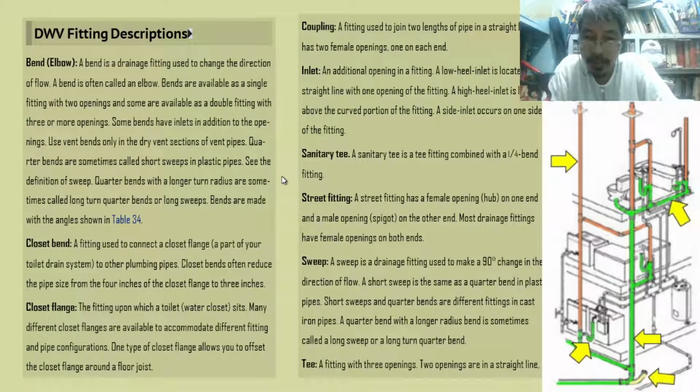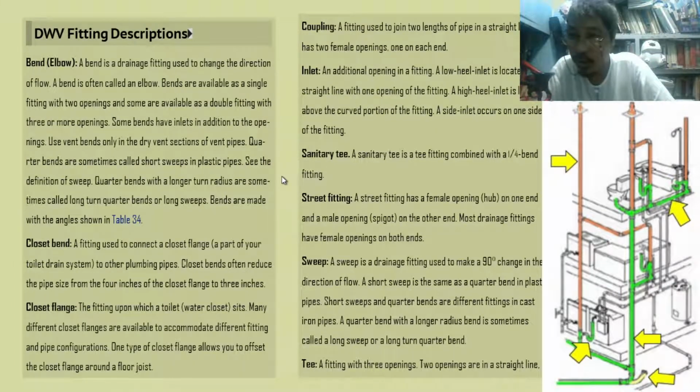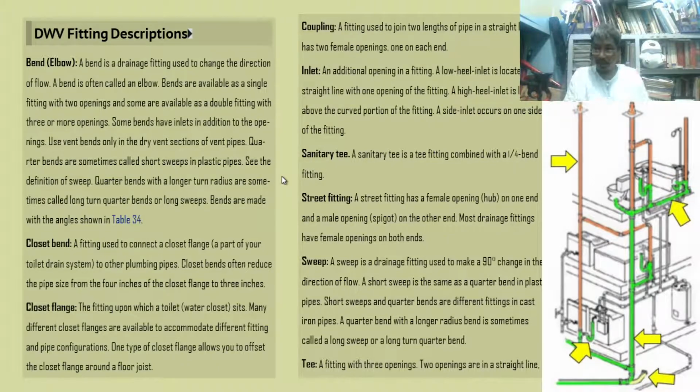They just say elbow. If you say elbow, everybody in the hardware will understand it. But if you say bend, sometimes there are one or two persons that may not understand it.